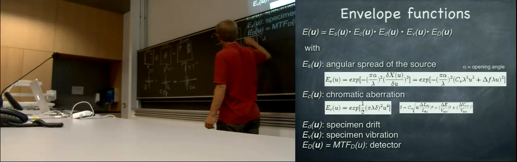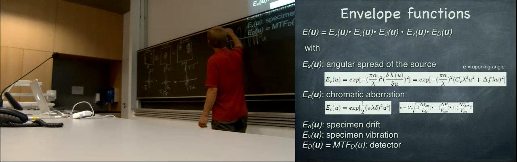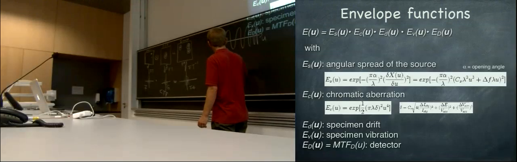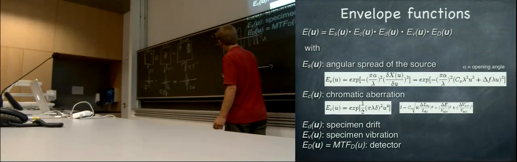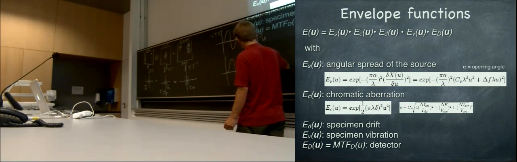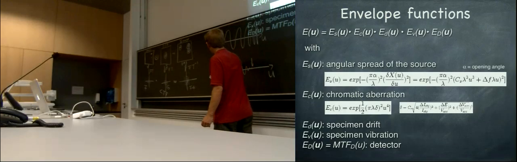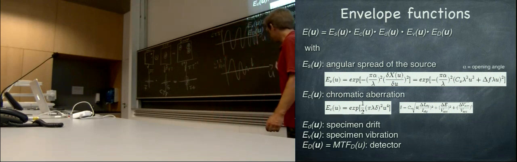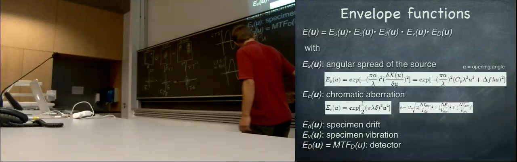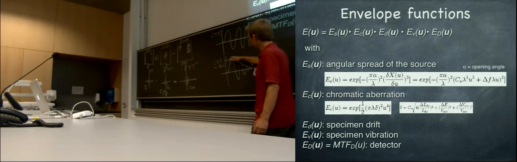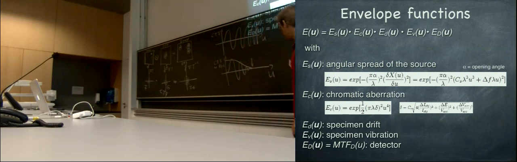This is more or less the contrast transfer function, but what you have now to do is still to put an envelope function onto that, and with envelope function, the contrast transfer function then looks like this, and this is then the resolution limit. This is the resolution, and this is the contrast transfer function with envelope. And this envelope function is a function that dampens our CTF like this, and this depends on many factors in the electron microscope.